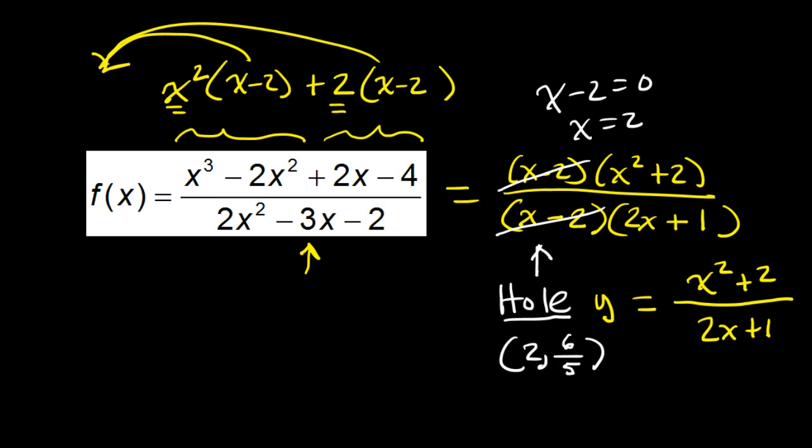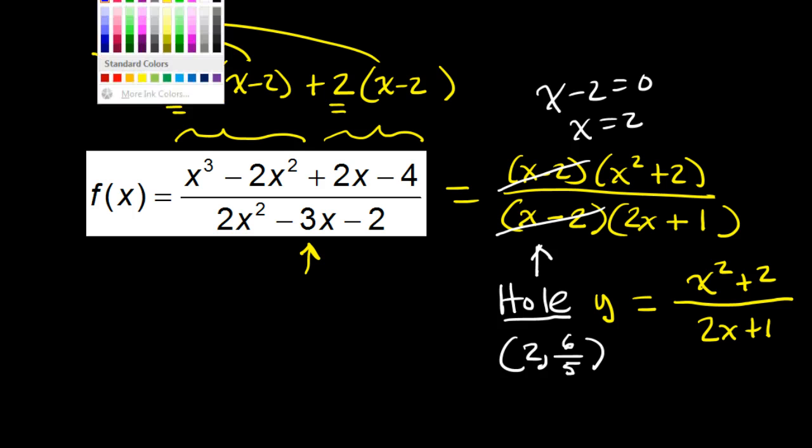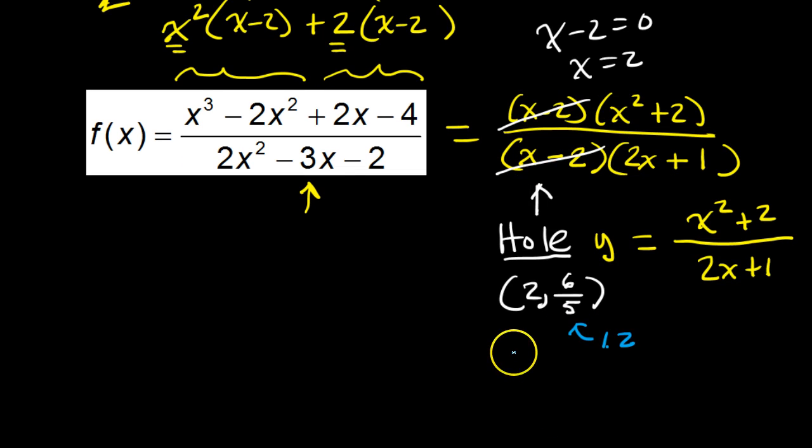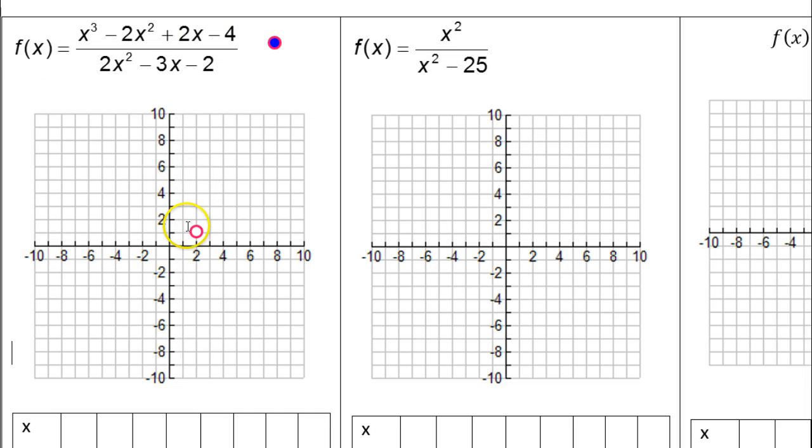So keep that in mind, that this is 1.2. So for this hole, I'm going to plot the point 2, 1.2. Now this hole is an illegal value. It's an undefined point. So we're going to put it as an open circle at 2, 1.2. So that hole in the graph is going to be right about here. And again, we'll just plot that as an open circle.